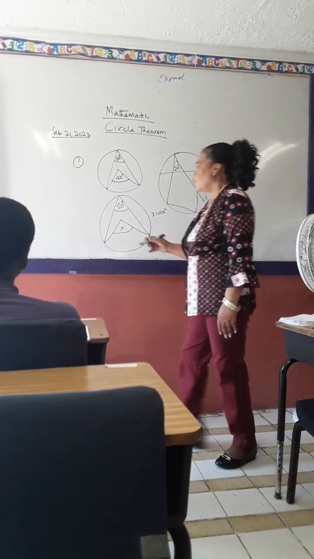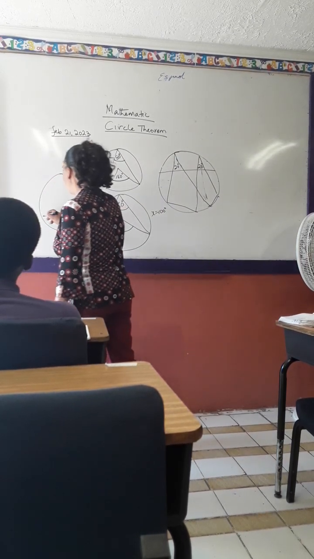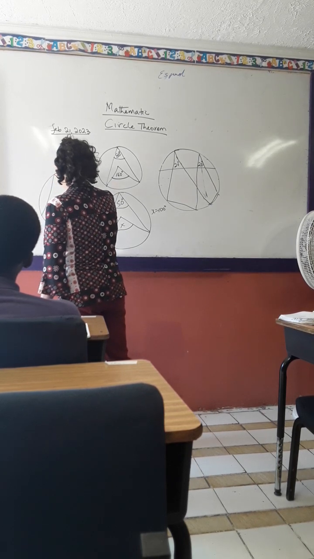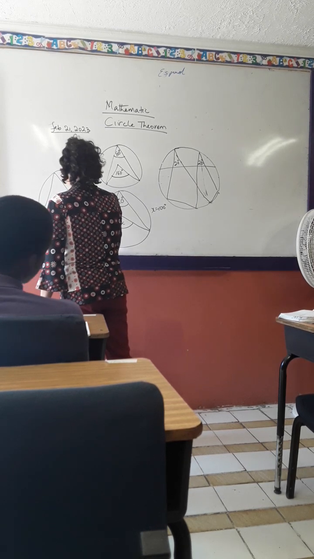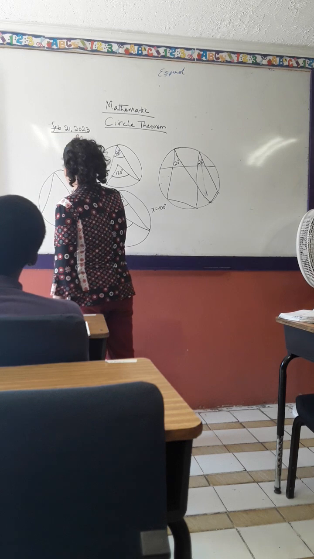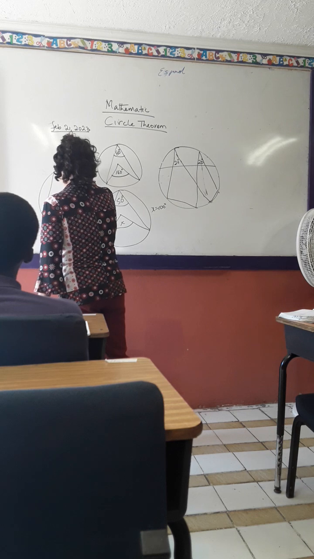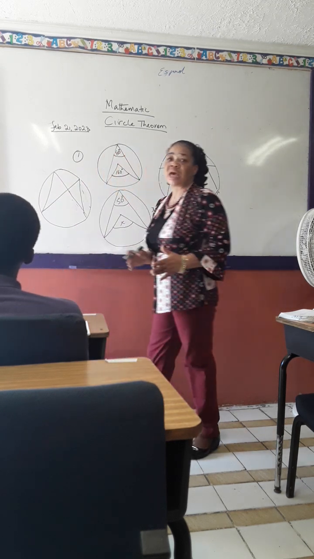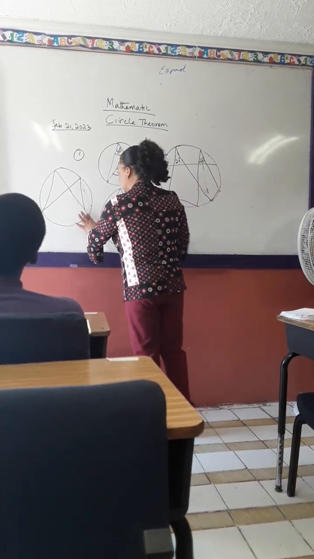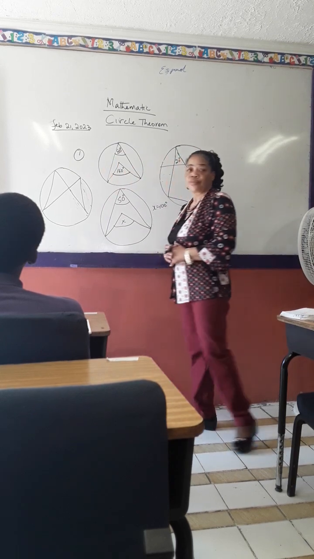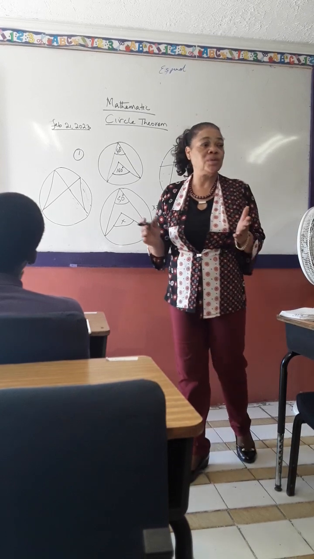Now, what we have to remember, and we're going to work with those two rules again a little bit more today, is that when they give us these problems, most of the time they will give us some shapes within the circle, which for the most part will be triangles.